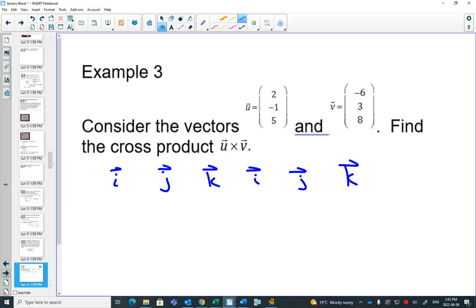And then we take our first vector, which is 2, negative 1, 5. Write it again, 2, negative 1, 5. And take our second vector, negative 6, 3, 8, and negative 6, 3, 8.